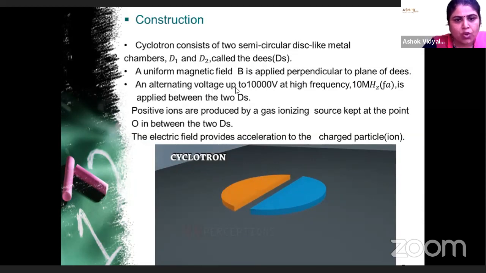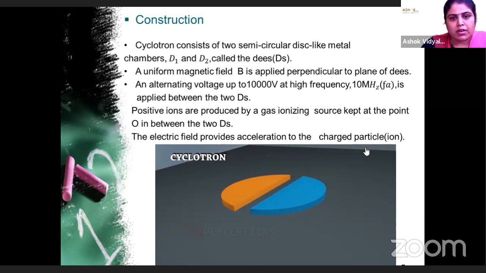An alternating voltage up to 10,000 volts at a high frequency, that is 10 megahertz, is applied to these two discs. Then positive ions are produced by a gas ionizing source kept at the point O in between these two discs. The electric field provides acceleration to the charged particles.